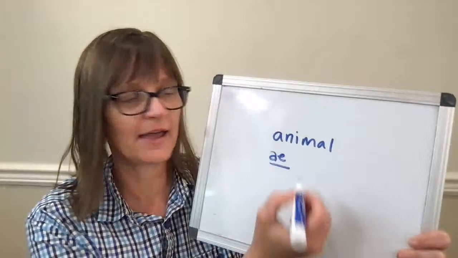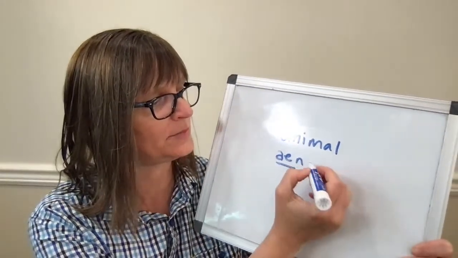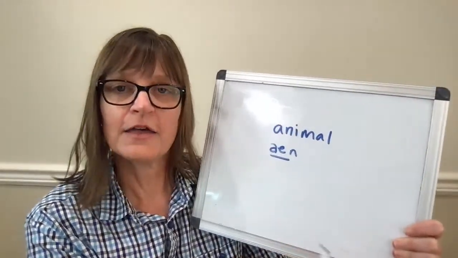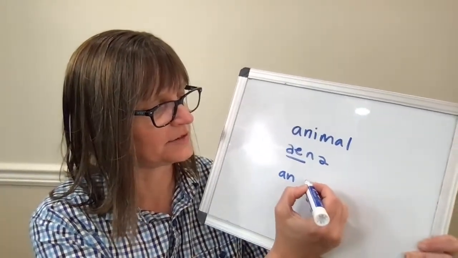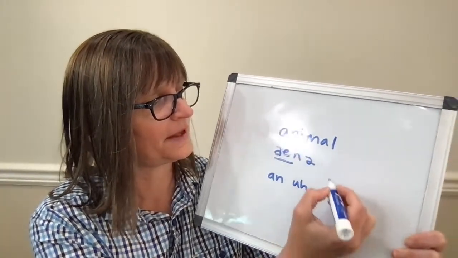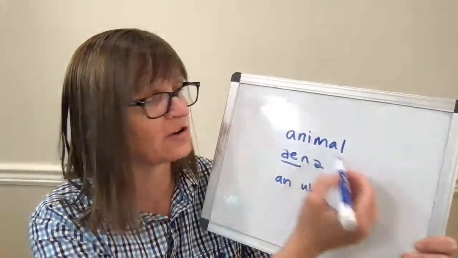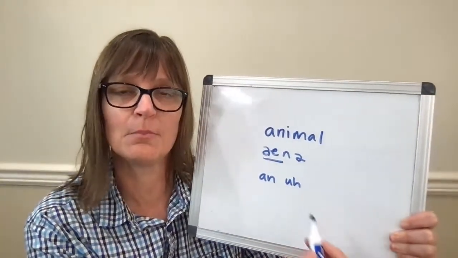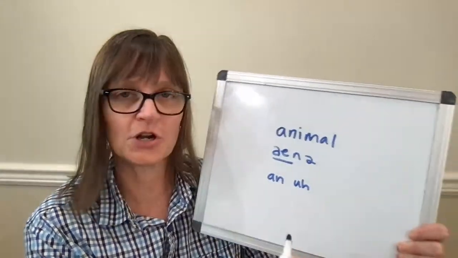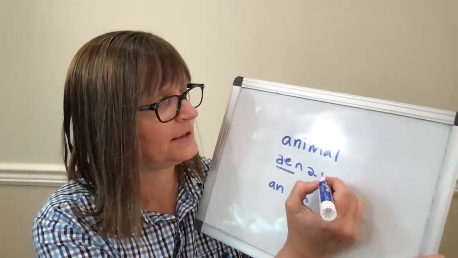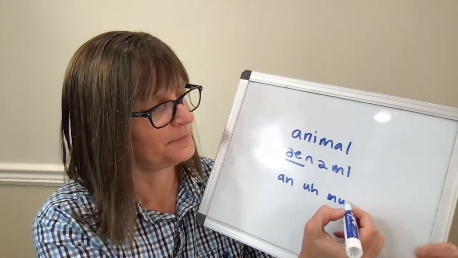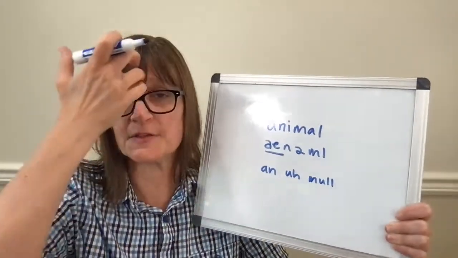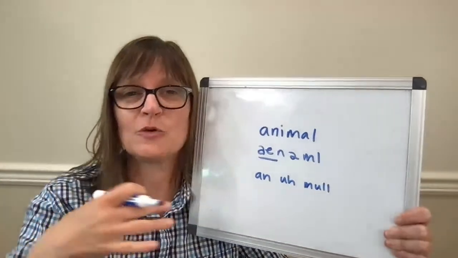Stressed on the first syllable, animal. This letter I, think about it like a schwa. And then another schwa or no vowel at all between your M and your L. Mole. Again, it's our dark syllabic L. Animal. And mole. So I talked about the syllabic L earlier in class. Hopefully that will help you.